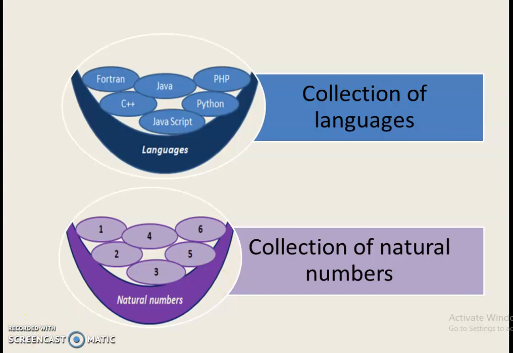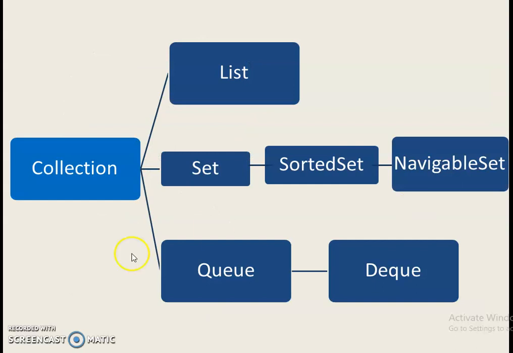For this purpose, we have the Java Collection Framework, which provides a number of classes and interfaces. As we have discussed in this hierarchy, the root interface in the Java Collection Framework is Collection. Further, we have sub interfaces named List, Set and Queue. These interfaces extend the root interface, that is Collection.